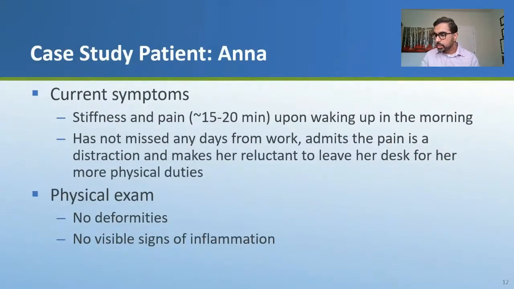Her current symptoms include stiffness and pain about 15 to 20 minutes upon wakening in the morning. She has not missed any days from work. She admits that the pain is a distraction, makes her reluctant to leave her desk for her more physical duties. On physical exam, there are no deformities and no visible signs of inflammation.